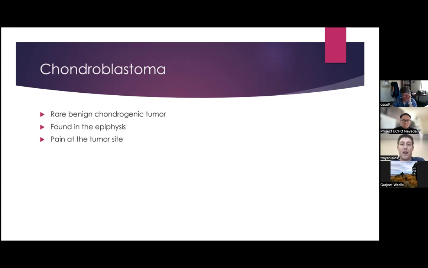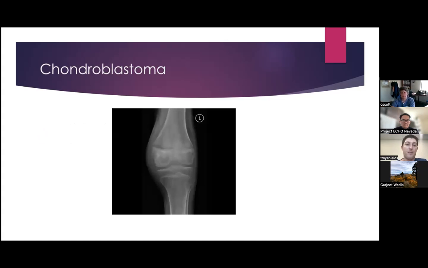It's typically described as pain at the tumor site, and it's hard to say, because did some kid hurt their knee and that's when it was noticed, or are they actually hurting from this tumor? This is a benign lesion. However, it can be a little bit aggressive in some ways, and it is lytic and can be expansile.